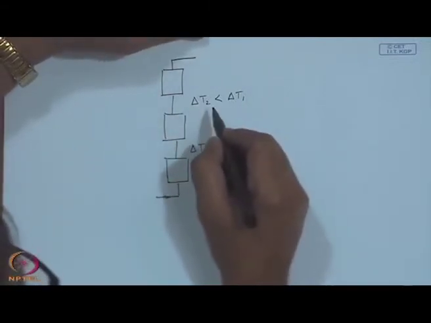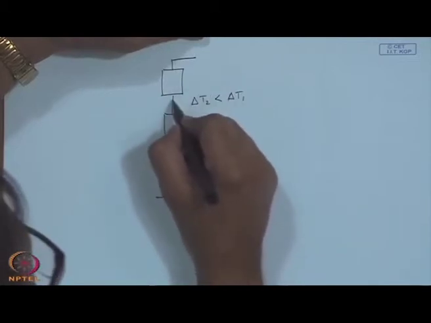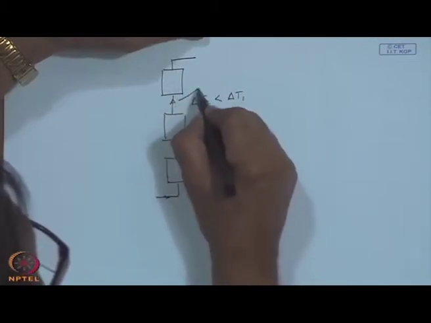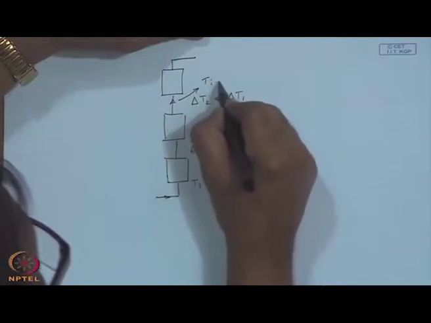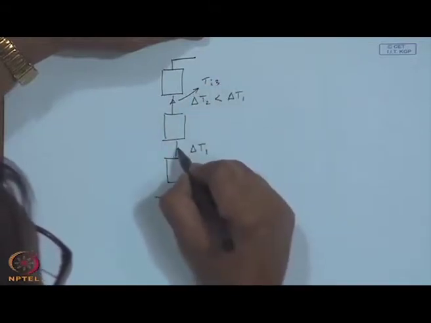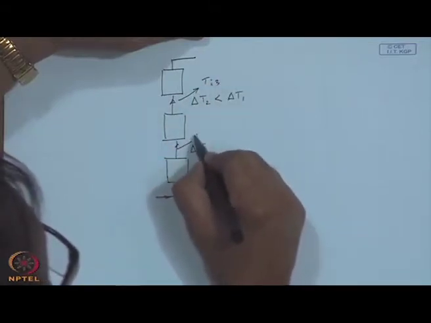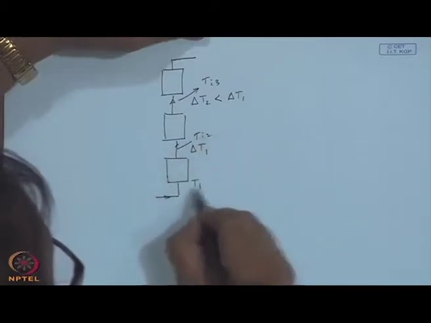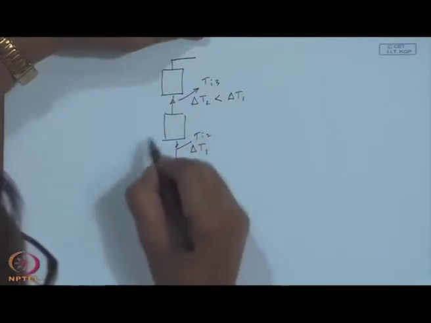Now, it may so happen that this T I 3, this will be T I 2, this I may call it T I 1.